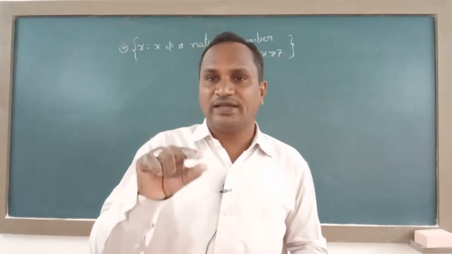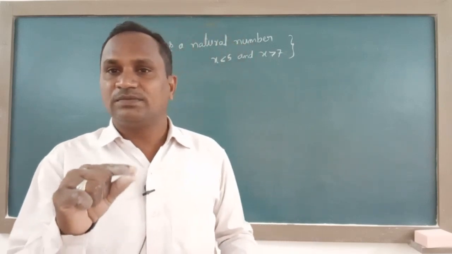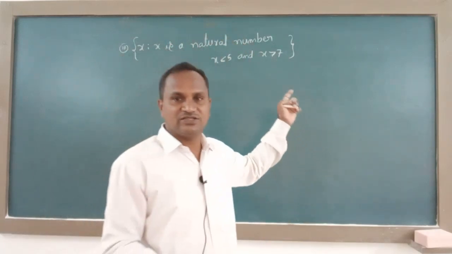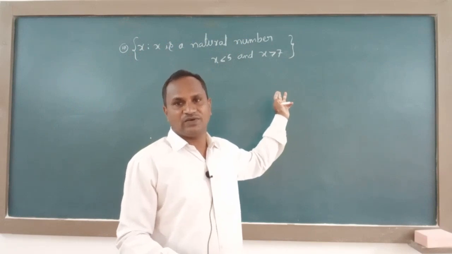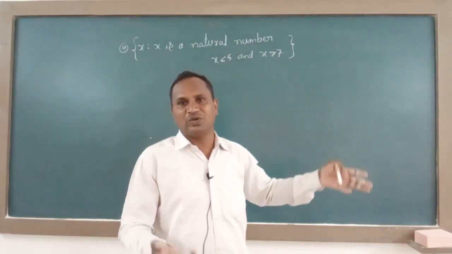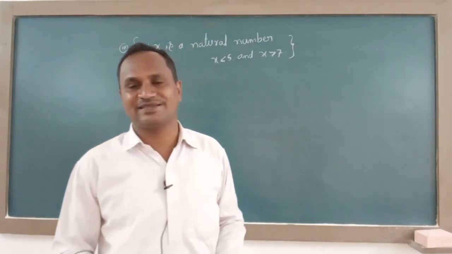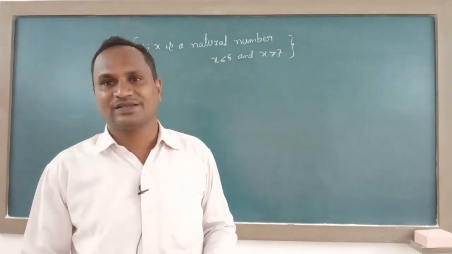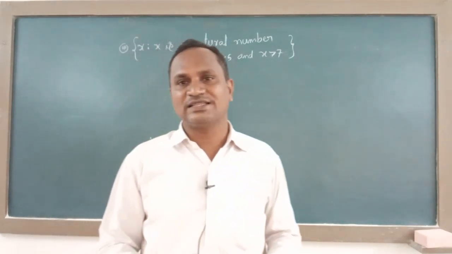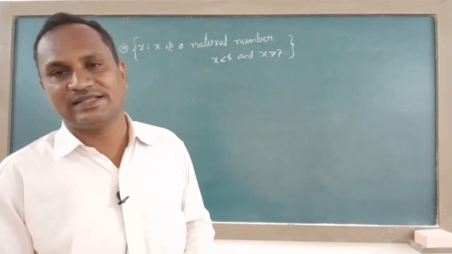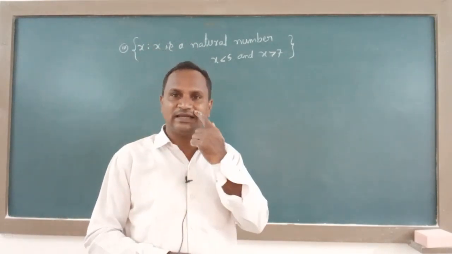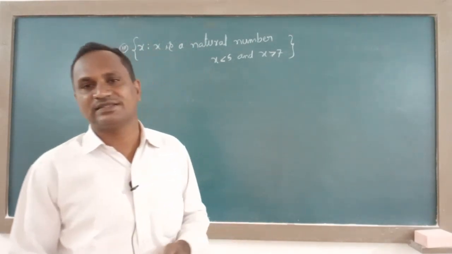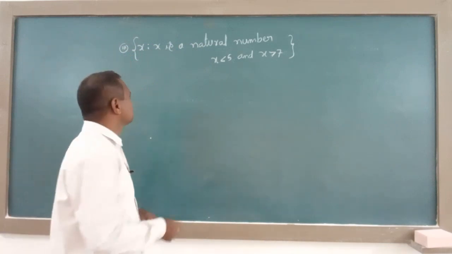If you select a number, it must satisfy both conditions, less than 5 and greater than 7. But no number satisfies these two conditions. That's why the given set is the null set.